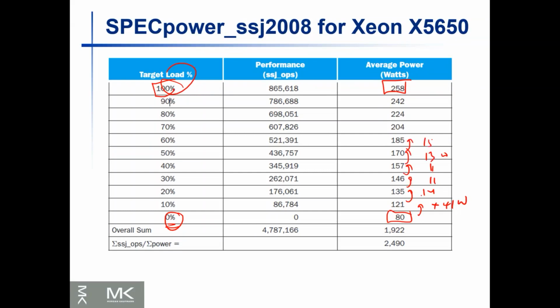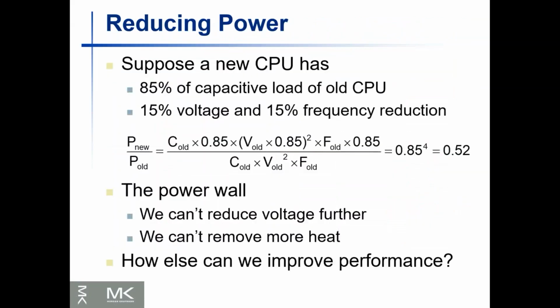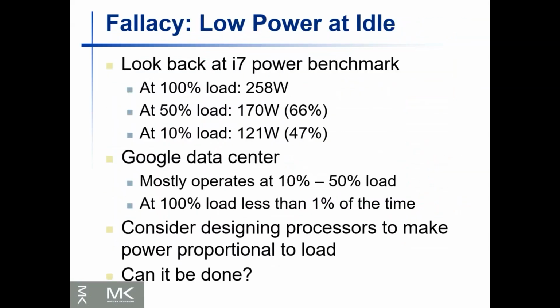So you see here, if your server is doing no work, you're wasting a lot of energy and power. That's the whole idea you can see from the benchmark. It shows in this chart that at 100% it is using 258 watts. At 50% it is using 170 watts, that's 66%. At 10% it is using 121 watts, that's 47%.